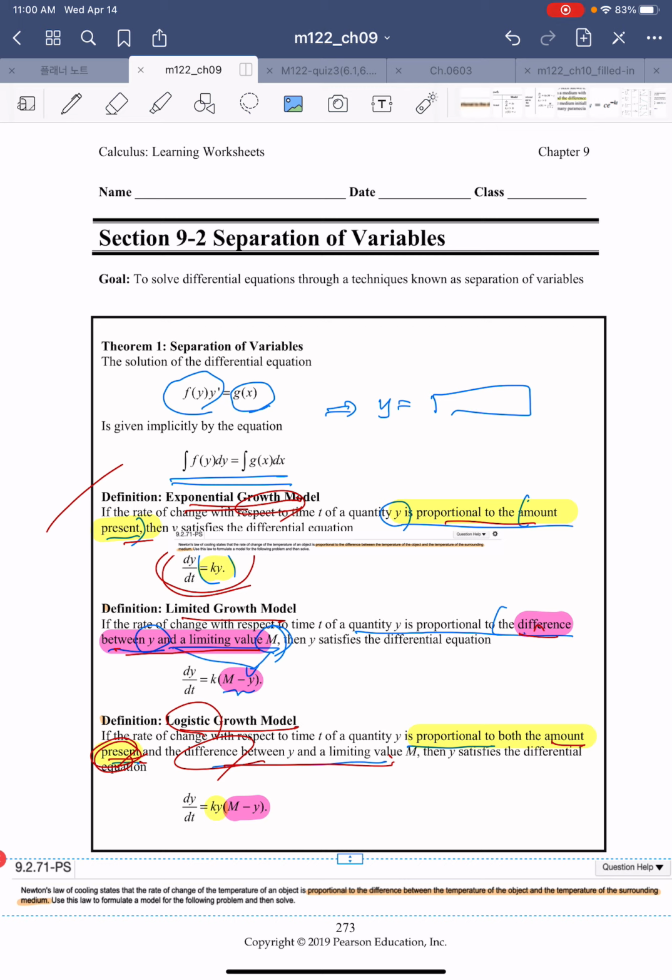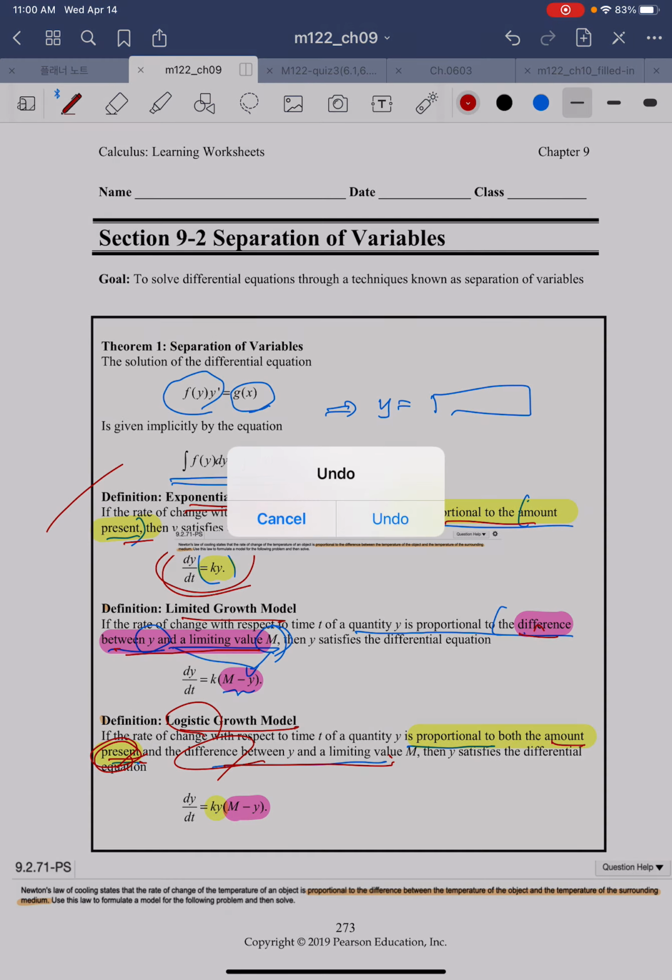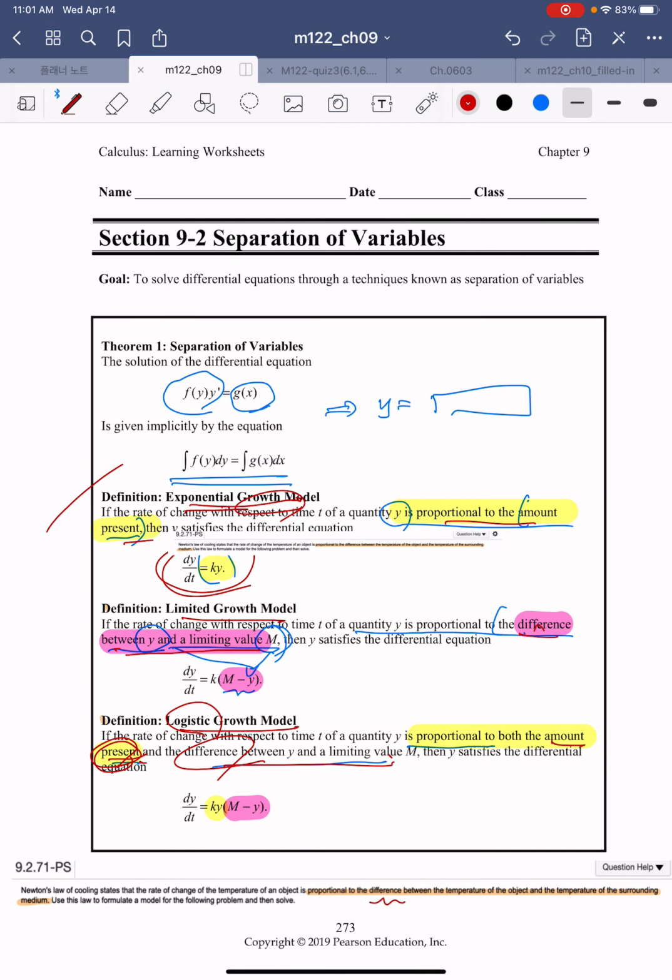We eliminate exponential growth because we have the word difference. Now, what are we taking the difference of? Difference between the temperature of the object and the temperature of the surrounding medium. So the difference between two things only. This will be a limited growth because you're not having the word both or between.